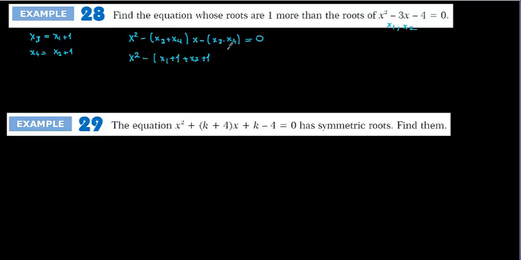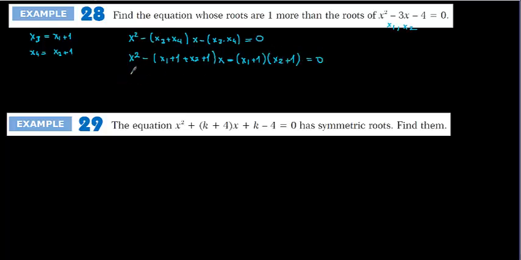x squared minus (x1 plus 1 plus x2 plus 1) x plus (x1 plus 1) times (x2 plus 1) is equal to 0.